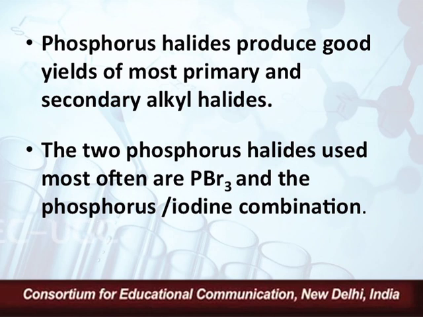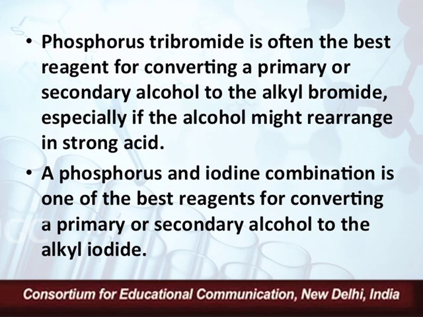The two used most often are PBr3, and phosphorus and iodine in combination. Phosphorus tribromide is often the best reagent for converting a primary or a secondary alcohol to an alkyl bromide, especially if the alcohol might undergo rearrangement in strong acids.